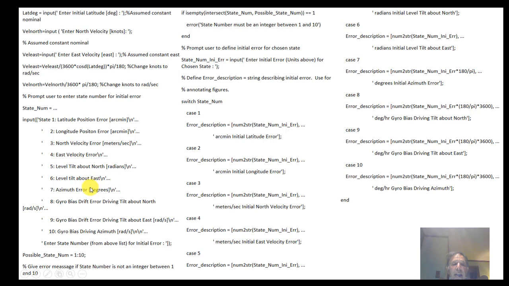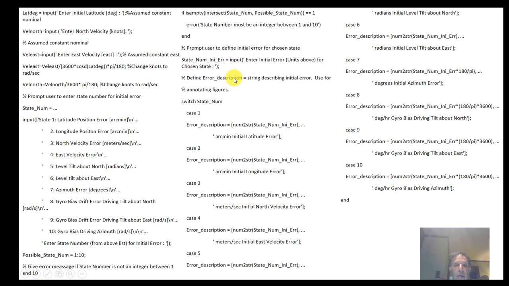And if you remember, that was case one, an initial azimuth error. And then we could introduce three different gyro biases. Case 8 is a gyro bias about north, and 9 is a gyro bias about east, and 10 is a gyro bias about the vertical. Remember, again, case 5 in particular was the combination of a latitude initial error and a Z gyro bias error.